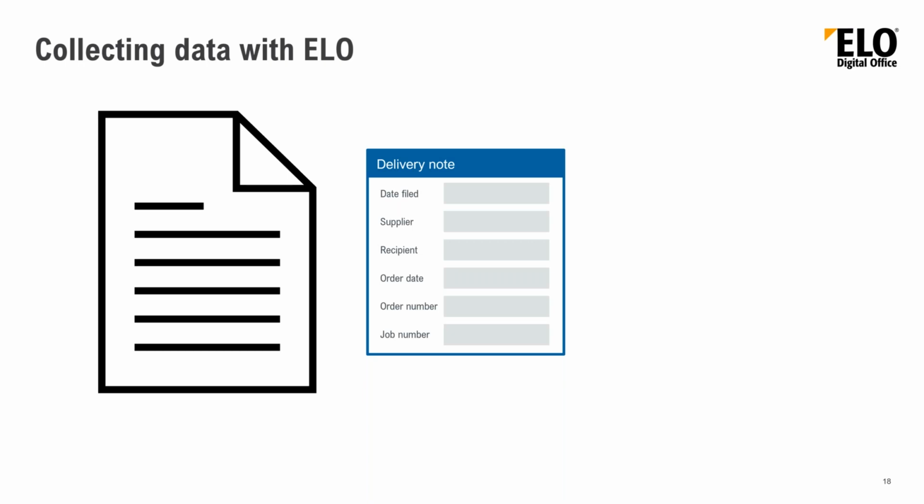And normally metadata forms are available for different documents, for example, delivery notes, invoices, but also contract documents, HR documents, whatever you need in the company, you can create the metadata form for this.